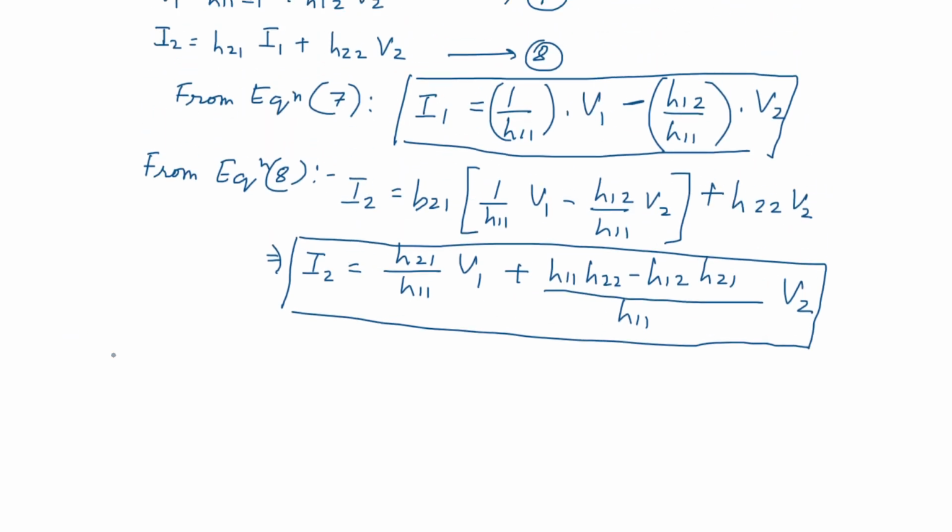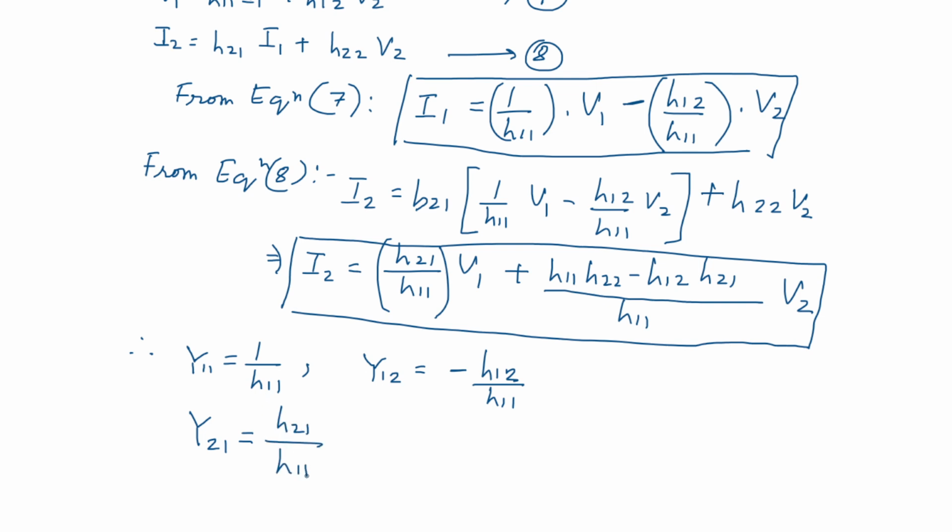So if you compare, your Y11 must be 1 by H11, Y12 must be minus H12 by H11, Y21 should be H21 by H11, and finally Y22 should be delta H by H11, where delta H is H11 H22 minus H12 H21.